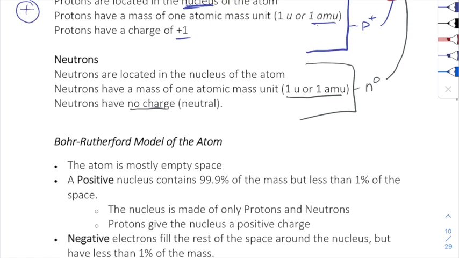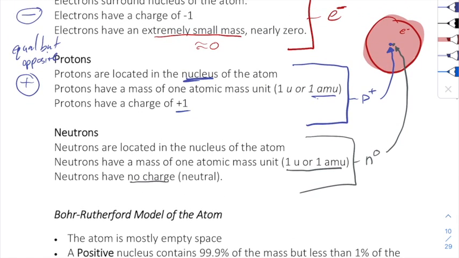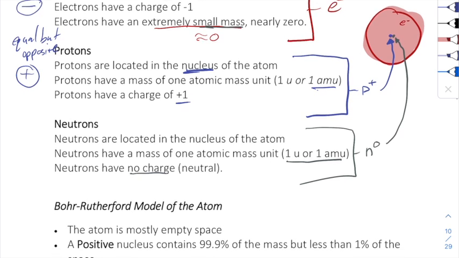So let's look again at our diagram. Remember that the electron has a very small mass, essentially 0, and the electron occupies this whole big red circle I drew. But the proton and the neutron are simply occupying those little dots that I made, and those have thousands and thousands of times the mass of that electron.